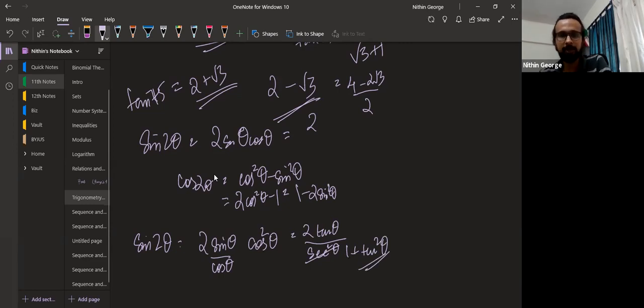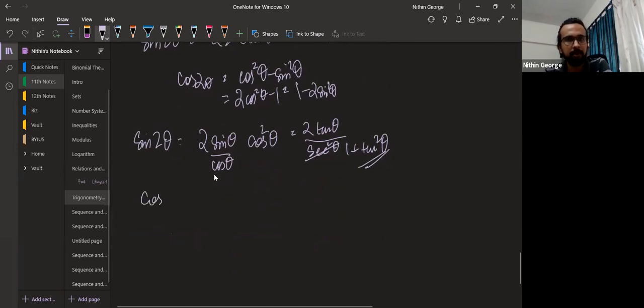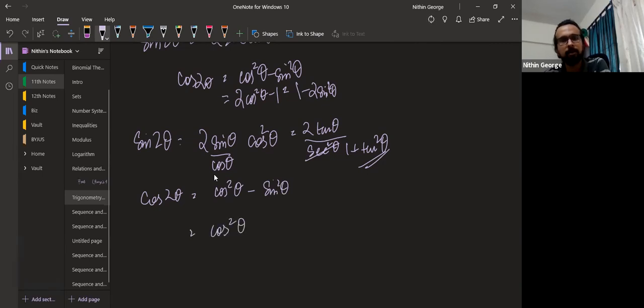Similarly, cos 2 theta is 2 cos square theta minus 1. Or let that be. I'll write this as cos square theta minus sin square theta, and multiply and divide by cos square theta.